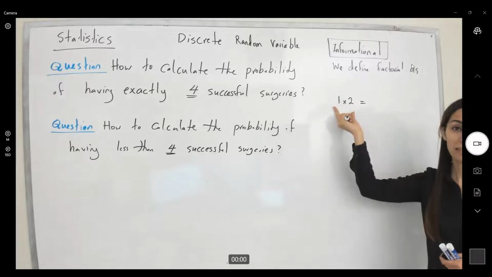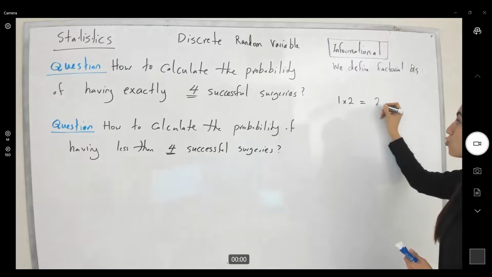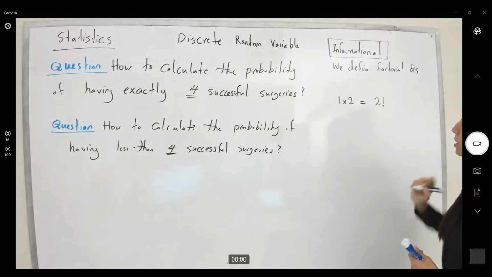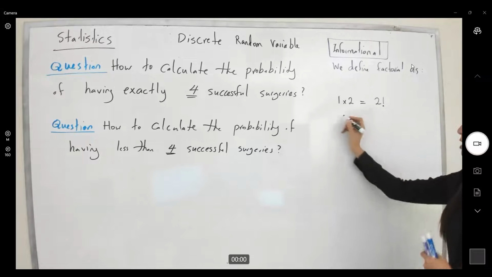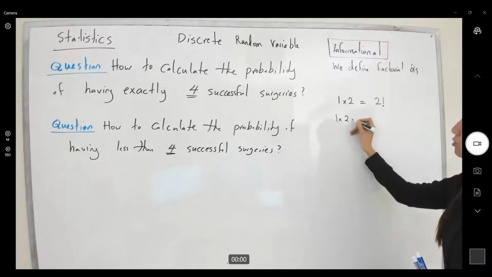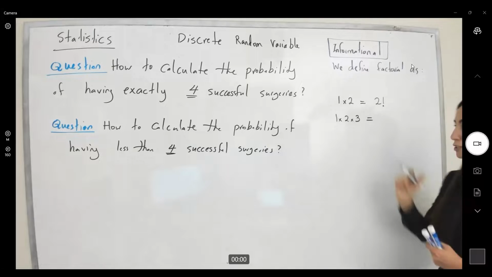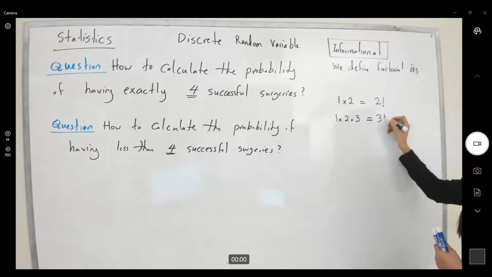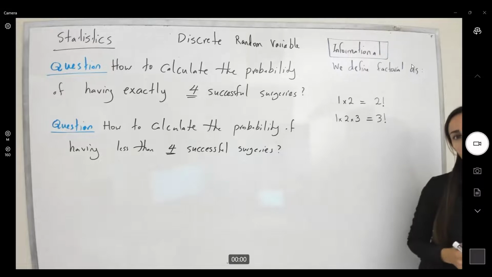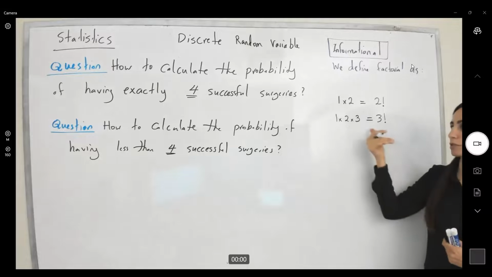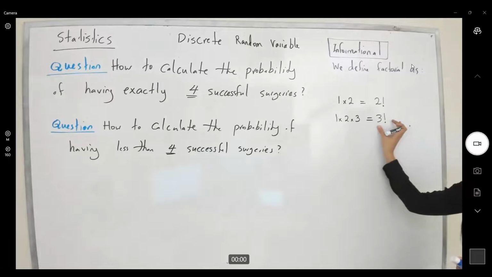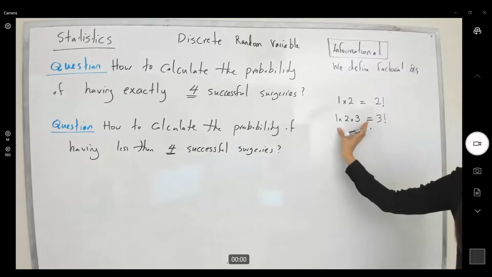This is the expanded form, and this is the short or compact form. So 1 times 2 times 3 is denoted by 3 factorial, with an exclamation mark after the 3, and we call it factorial. That is the short version, and this is the expanded version.